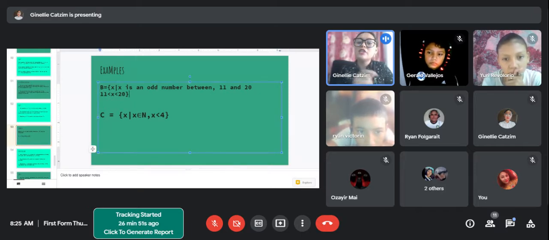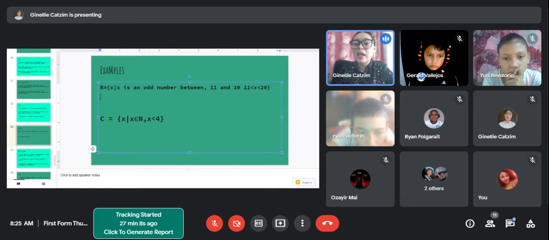But if it does not have any of those, then we cannot say it's a set builder notation. Why? Because it does not have the characteristic of a set builder notation. If we only had x is an odd number between 11 and 20, that is a semantic form, right?